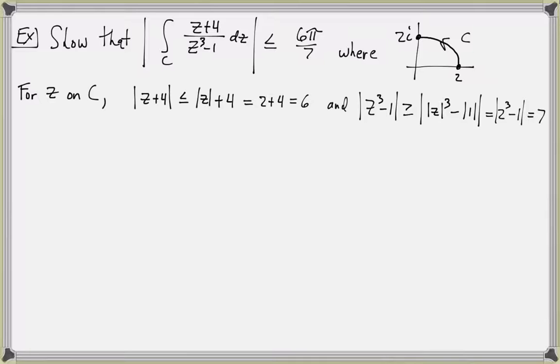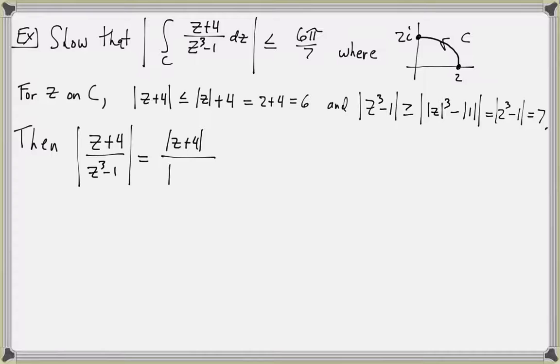So z cubed minus 1 in absolute value will be greater than or equal to 7 for all z on the contour C. Then the fraction, the absolute value of z plus 4 over z cubed minus 1, equals the absolute value of z plus 4 over the absolute value of z cubed minus 1, and the numerator is less than or equal to 6.